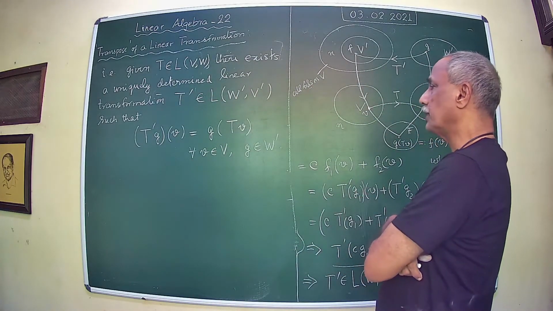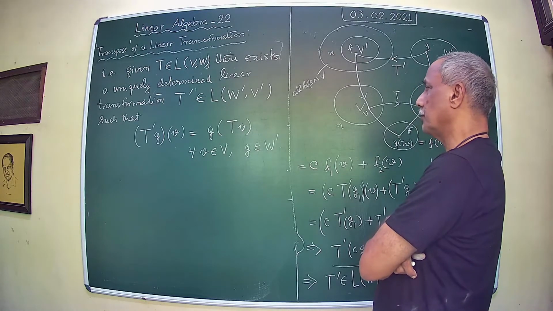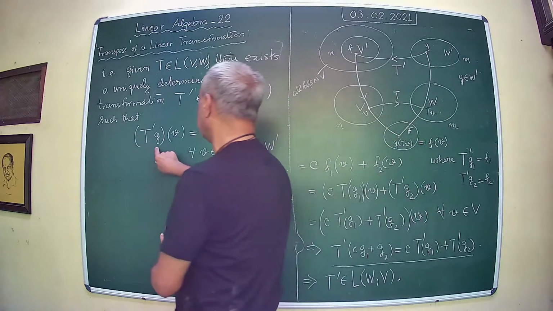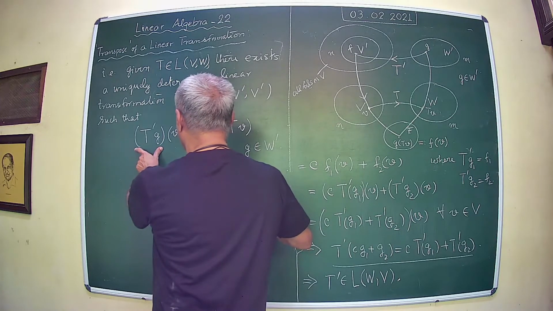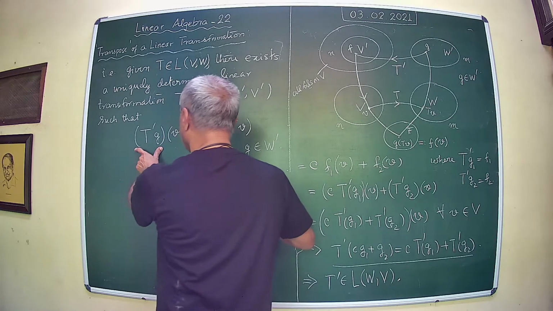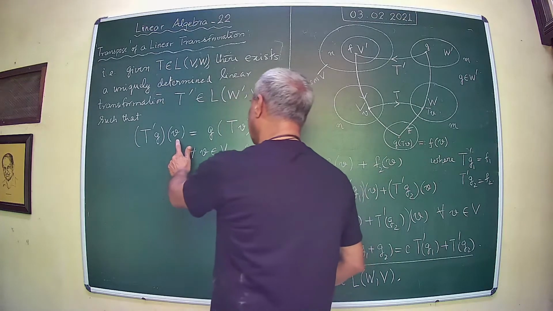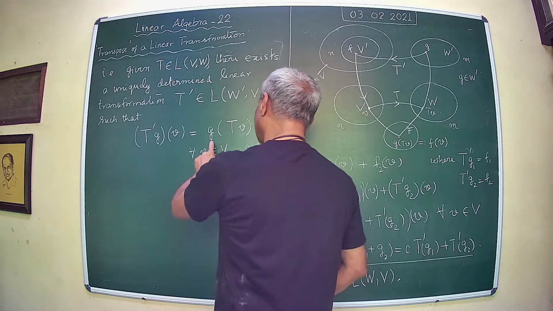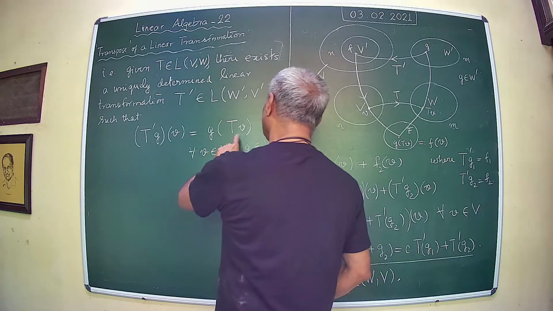This is how T prime is defined. But T prime is defined from W prime to V prime. Now you see T prime of G will be a linear functional on V, that is it belongs to V prime. It acts on V to give a scalar, and that scalar is precisely obtained by the action of G on the image of V under T.